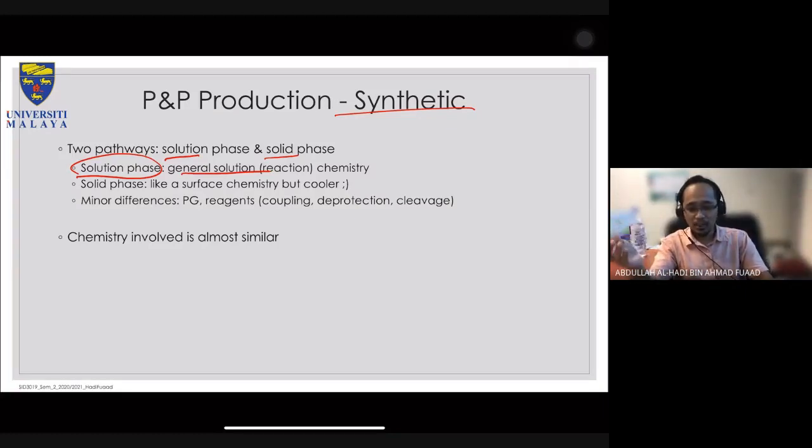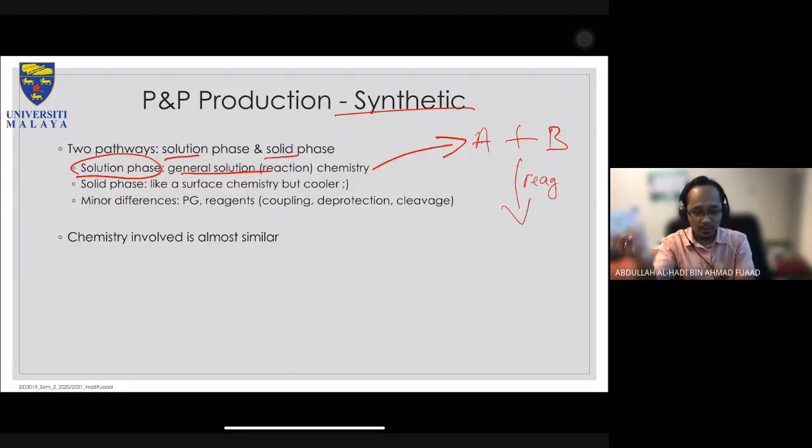Okay, so it's the same way. So if you are to proceed with a solution phase, then you need to have A, an amino acid, plus a B amino acid. It's the same way as I mentioned earlier. You have some reagent or catalyst, and then you will have your A plus B amino acid or dipeptide.